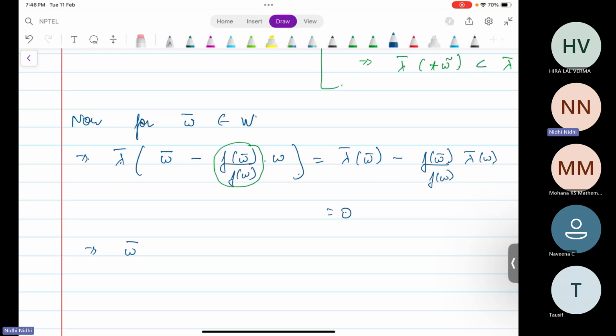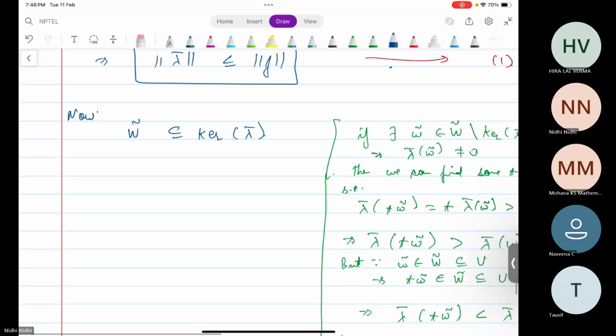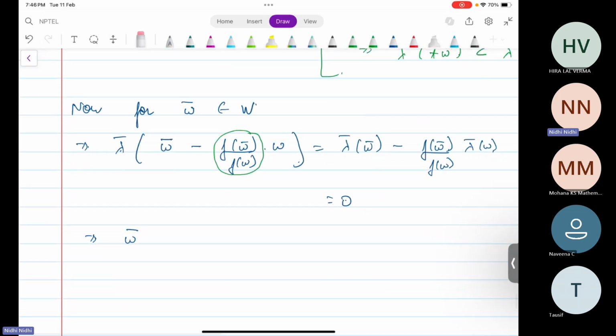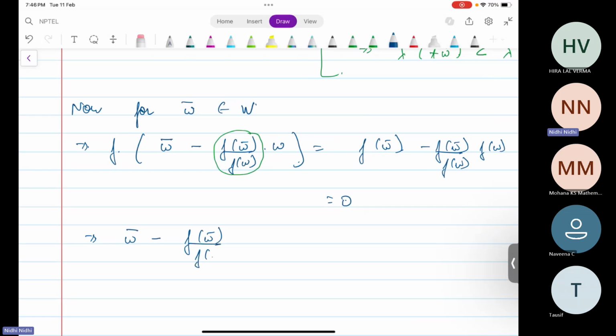Now we have seen this is in kernel F. Okay, this is F only. This is F, f w bar minus f w bar by f w times f w. This is 0. This implies w bar minus f w bar by f w times w belongs to kernel F.